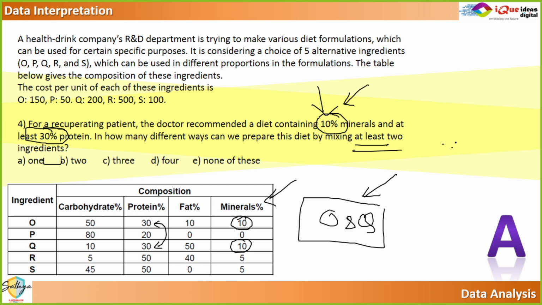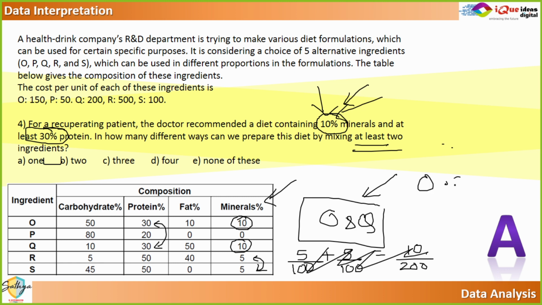Why not R and S? See, you have to look at the percentage. So the first one is 5 out of 100. Second one is 5 out of 100. Right? So when you mix it, you get 10 out of 200. Sorry, this is actually not the right way to do it.